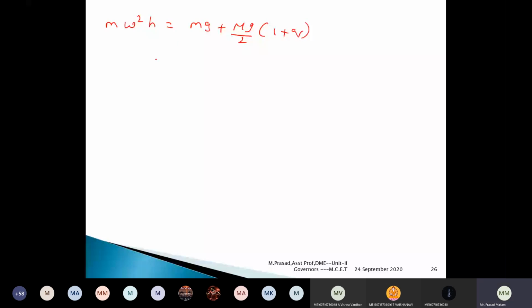Now we want the relationship between speed and height. I'm keeping h on the left hand side as h is equals to.